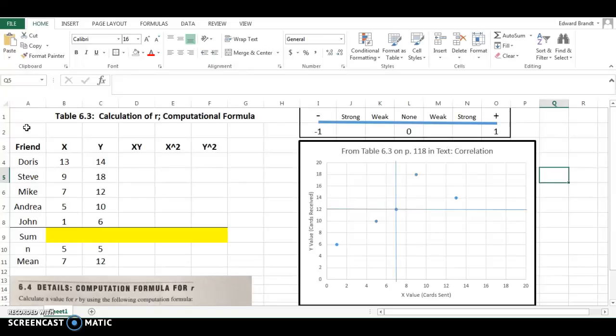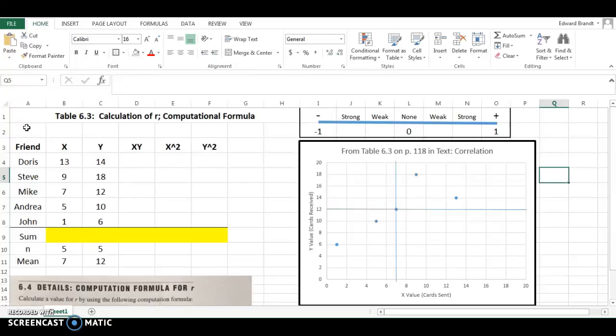So in general, we're trying to come up with a statistic to determine, number one, what type of relationship there is between the two sets of data. Is it positive or negative, or is there no real relationship at all? Positive means as the value of one variable increases, the value of the other variable increases also.